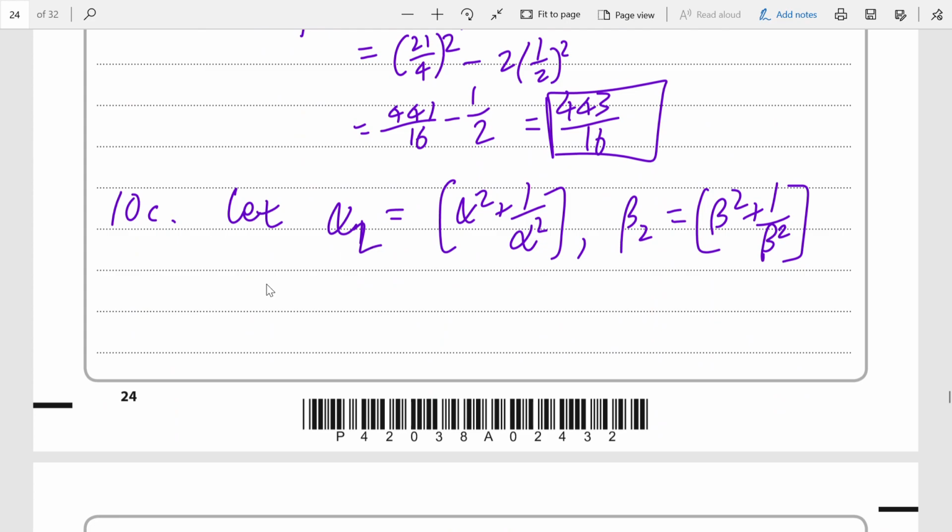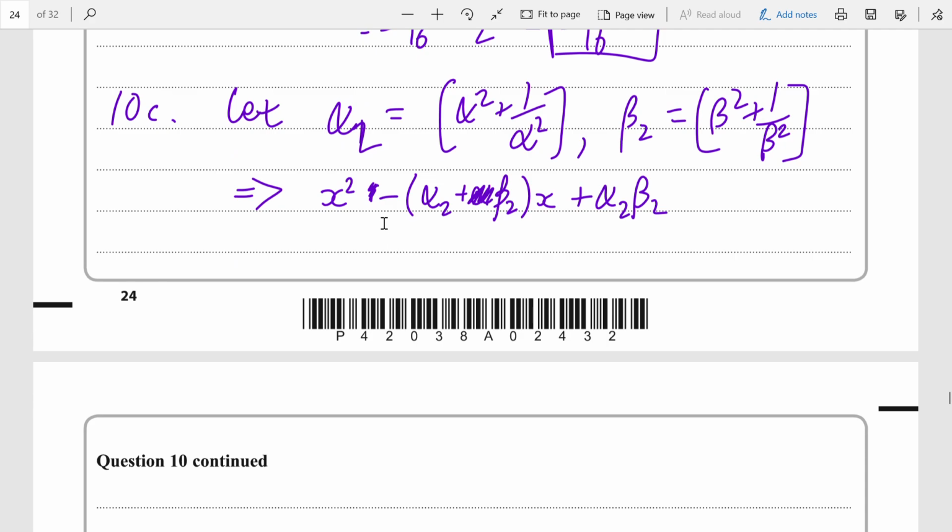So a valid equation, disregarding the integer requirement, would be x squared minus (alpha 2 plus beta 2) x plus alpha 2 beta 2.